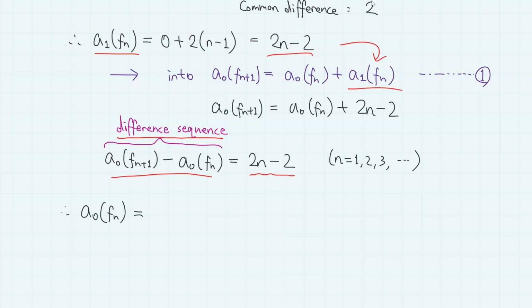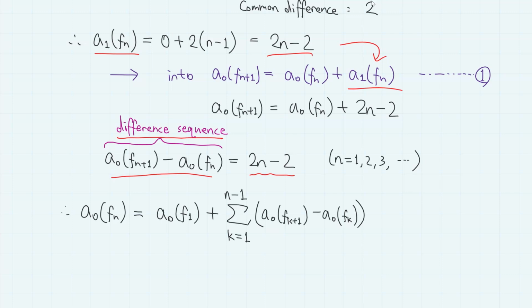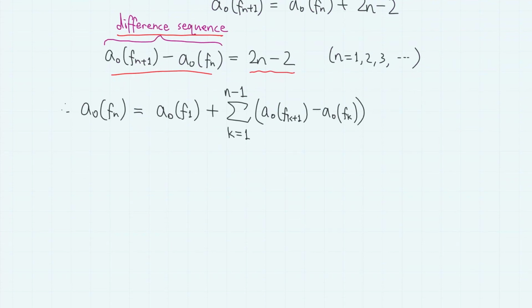The general term a_0 of f_n is given as the first term a_0 of f_1 plus the sum of the difference sequence a_0 of f_{k+1} minus a_0 of f_k, where k goes from 1 to n minus 1. So the constant term of f_1 is just 0, so sigma from 1 to n minus 1 of the difference sequence 2k minus 2.